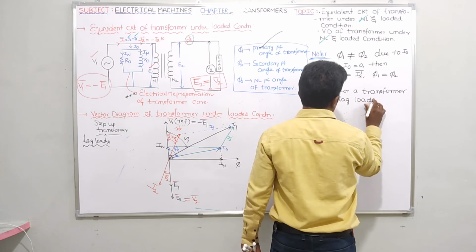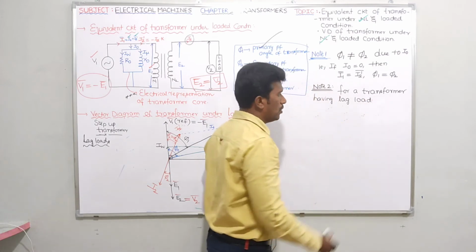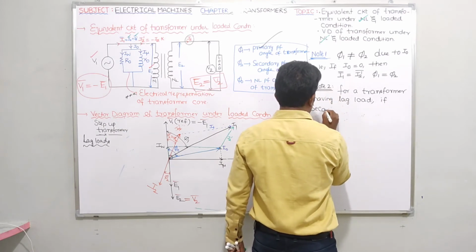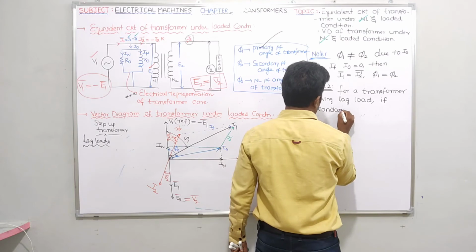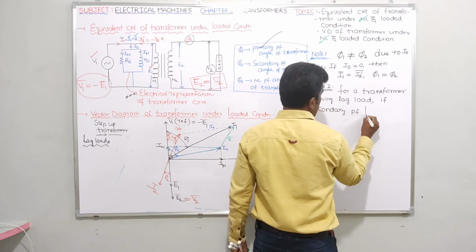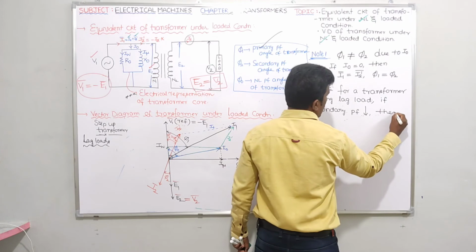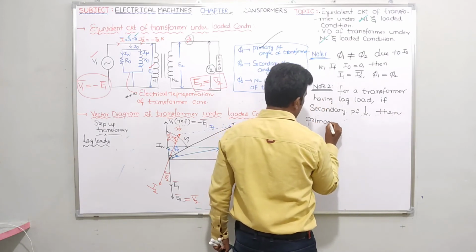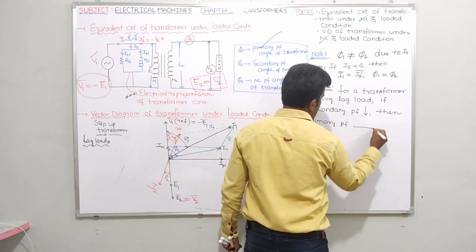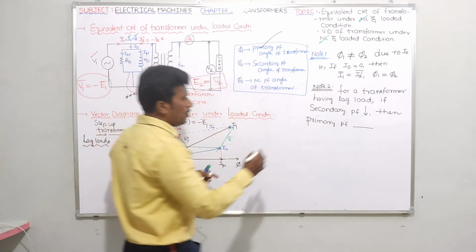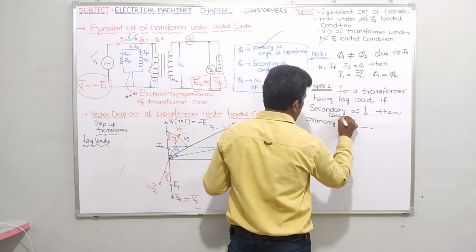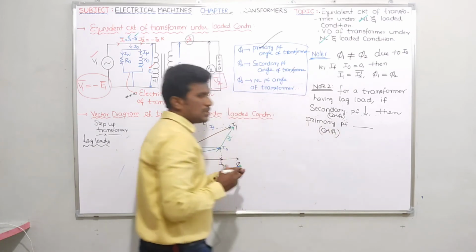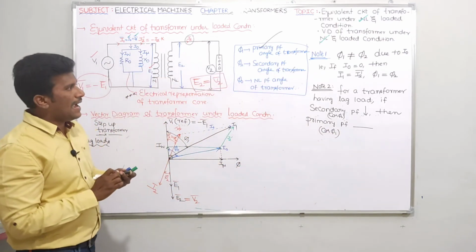For a transformer having lag load, if the secondary power factor reduces, then what happens to the primary power factor? Tell me the answer. Secondary power factor means cos phi 2, okay? Primary power factor means cos phi 1.